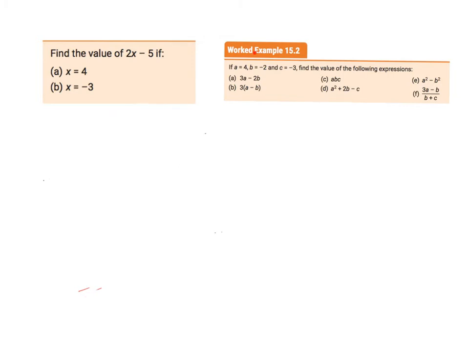Okay, in the next example over here, this time we've got different values. A is 4, B is -2, and C is -3. So we'll do A, B, and C to start off. So A, we're subbing in 4 for A and -2 for B. So if we write out 3A minus 2B first of all, and I'm going to write it again, except instead of the A, I'm just going to write an open bracket.